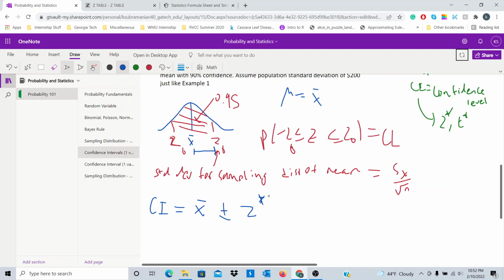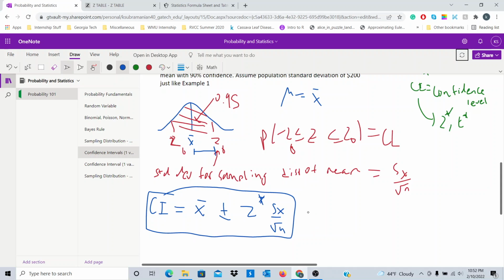This z star represents how many standard deviations we're going to go from the mean. But what is the standard deviation itself? It's just going to be s sub x over root n. So now we have the formula for the confidence interval for the sampling distribution of the mean.